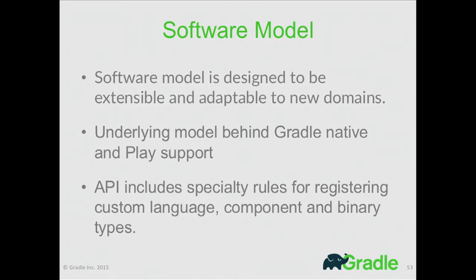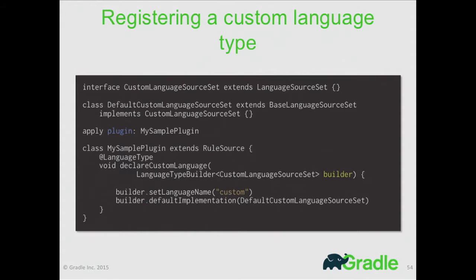Okay. So what we're trying to develop is some kind of API that's very generic and that folks can extend, so that you can use the software model to provide support for building whatever language you want. Okay. And so again, there's a few main types, and this is kind of like source code overload, but these are examples of what it would look like.